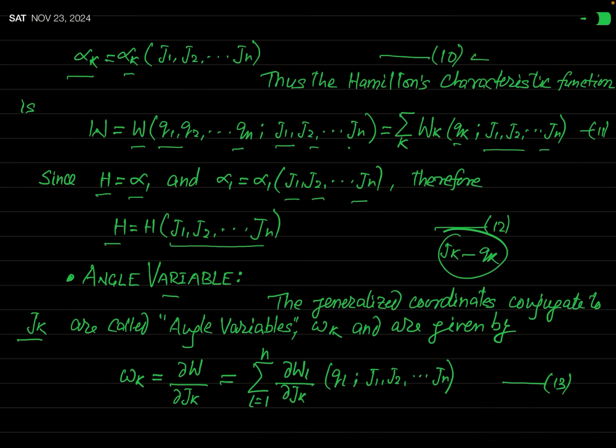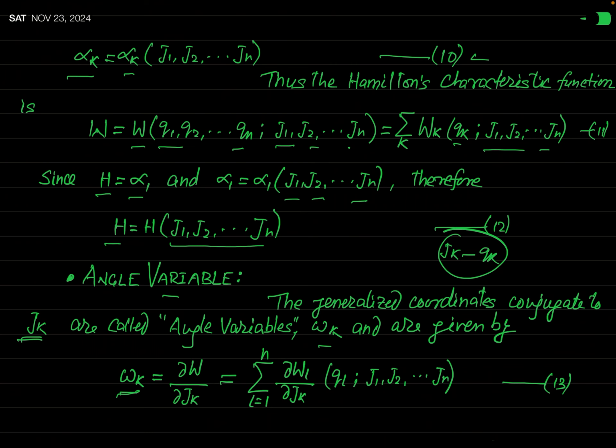I have mentioned here that the generalized coordinates conjugate to Jk are called angle variables omega k, in accordance with the canonical transformation. If omega k is the conjugate coordinate of Jk and W is the Hamilton's characteristic function, then omega k is given by del W by del Jk.